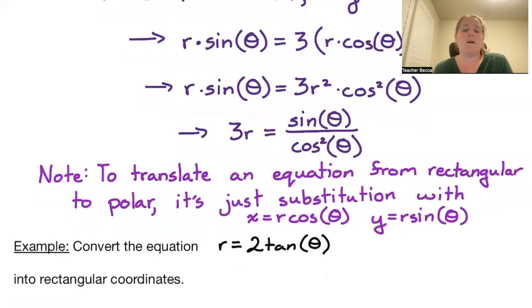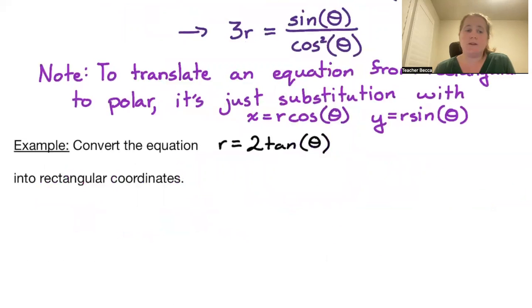It gets much more complicated when we want to go the other direction. So to convert the equation r equals 2 tangent of theta into rectangular coordinates, it's a little more complicated.